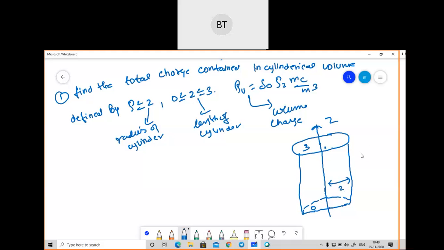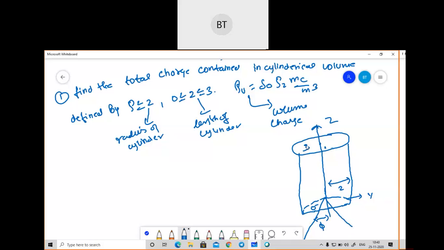As you have to calculate the angle, then you have to see the x and y axis. So this is basically the y axis, and for the angle this is phi. So this is our question, and they are asking you to calculate the total charge.